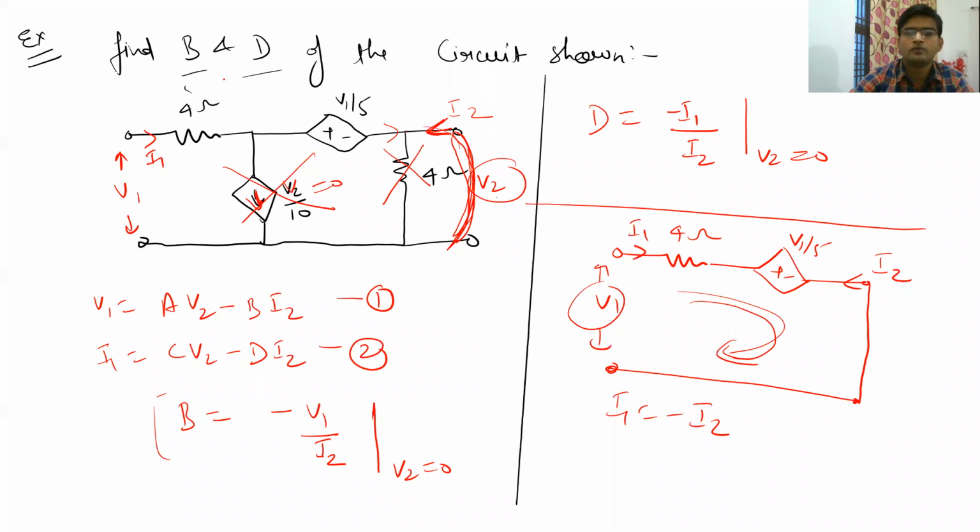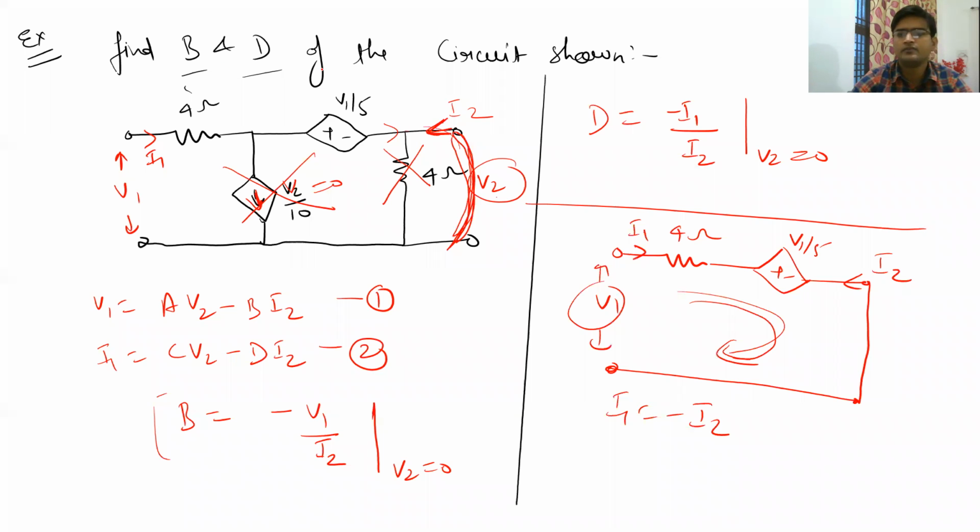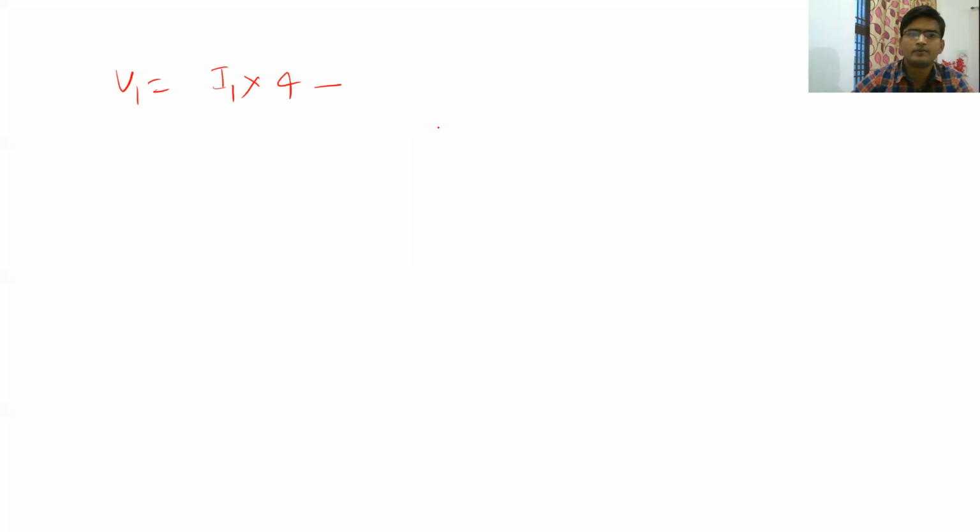So V1 is equal to I1 into 4 ohm minus, there is a dependent source whose value is V1 upon 5. So let me write it like this: V1 minus I1 into 4 minus V1 by 5 equal to 0.